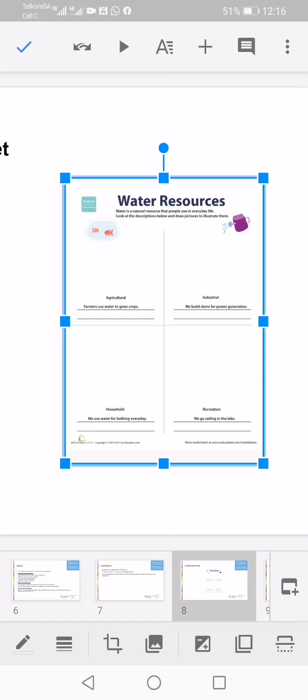So let's go on to the first block. It says agriculture or agricultural. Farmers use water to grow crops. So you need to draw a diagram, a picture that relates to that statement.